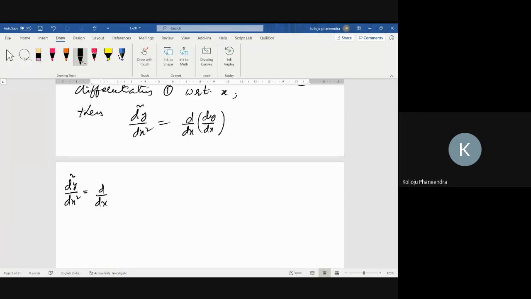I'm taking the minus outside. Correct? This is d/dx of this. Now this is the u by v formula, where this is u and this is v.